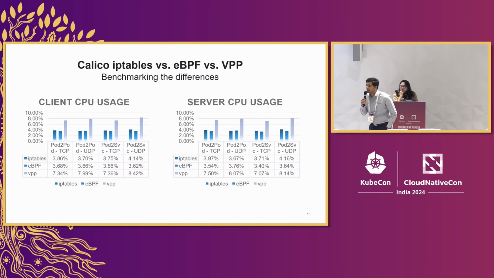VPP and DPDK and eBPF flexibility, you mean? Yeah, correct. That is the limitation there. If your logic is very simple, such as just looking at some fields in the existing packet and making a decision, eBPF suits such use cases.